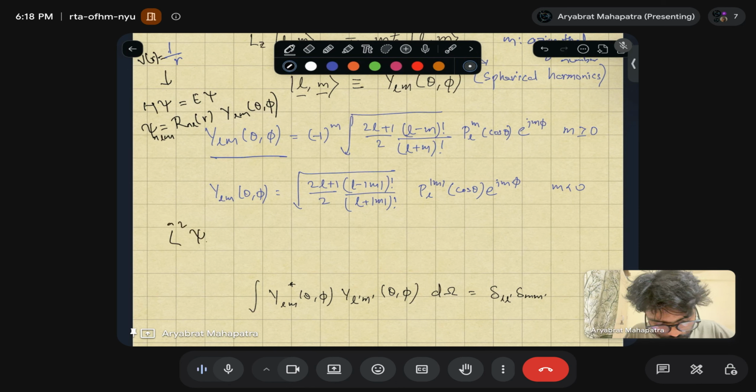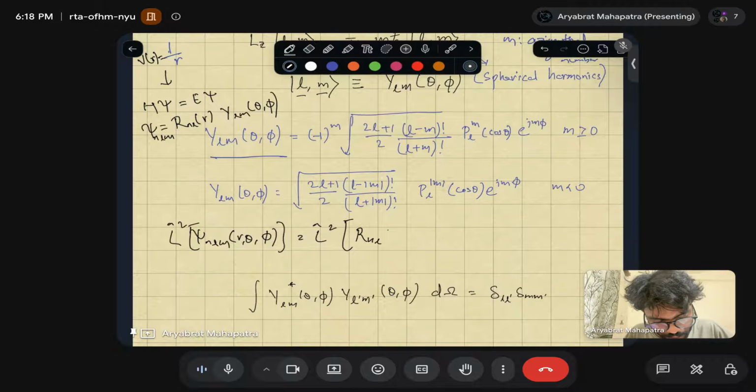If I operate L square on psi nlm, which depends on all the coordinates r, theta and phi, this basically means R nl(r) Ylm(theta, phi).